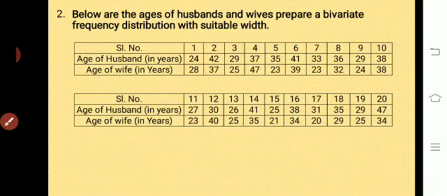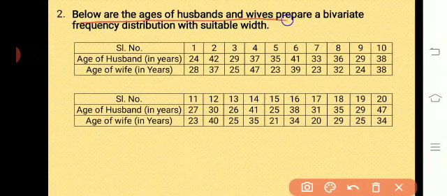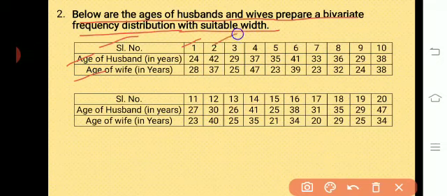Similarly, one more example is there that you can try at your house. Below are the ages of husbands and wives. Prepare a bivariate frequency distribution with suitable width. Here serial number, age of husbands in years and age of wives in years are given. So 20 observations are there, serial number 1, 2, 3 up to 19, 20.